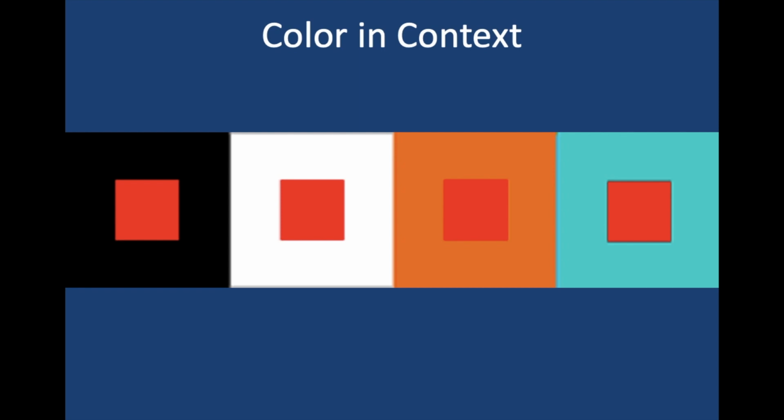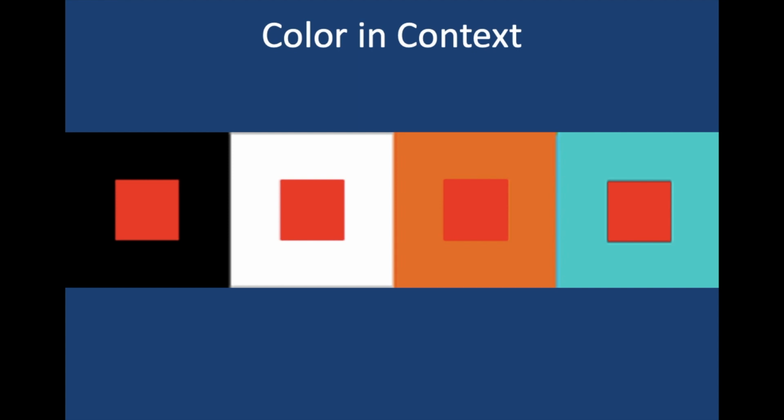Now, let's take a look at how colors can be manipulated for effect. It's important to realize that colors don't exist in a vacuum, and to understand how colors change their character depending on their surroundings. This red, which is the same in all 4 squares, appears more brilliant against black and slightly duller on a white background. On an orange background, it looks lifeless, but on blue-green, it pops.